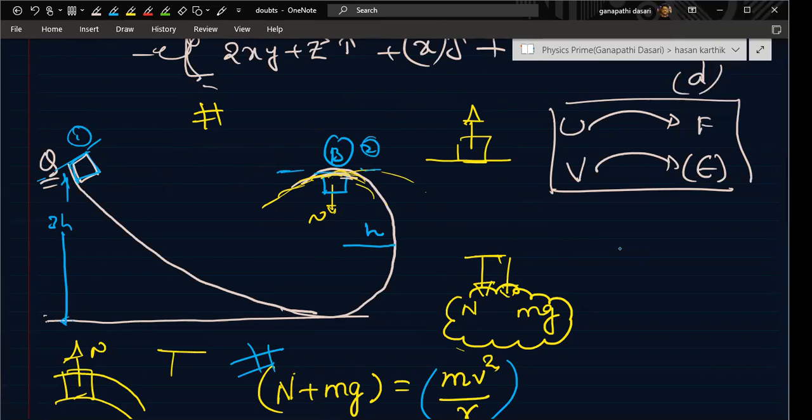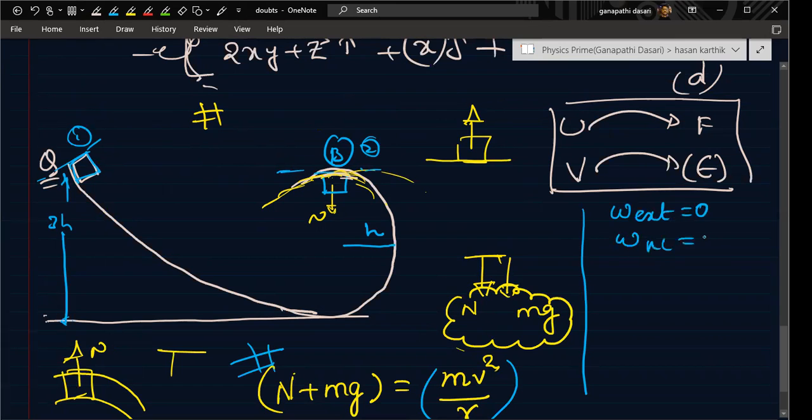Do you need to solve problems of this sort? So, is there any external force here? No. Is there any friction here? No, sir. Then what we know is mechanical energy initial is equal to mechanical energy final.